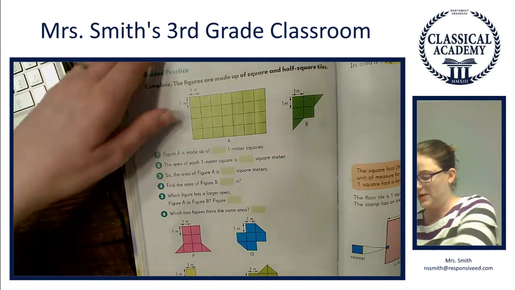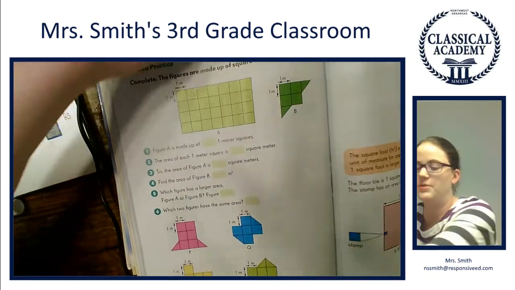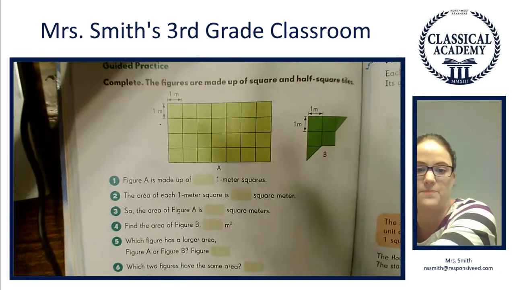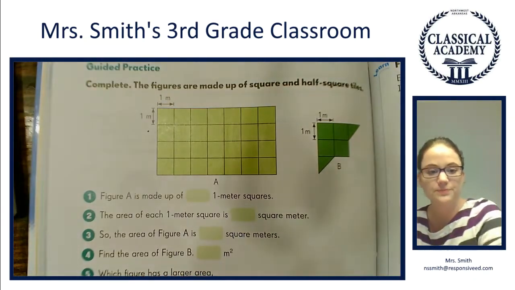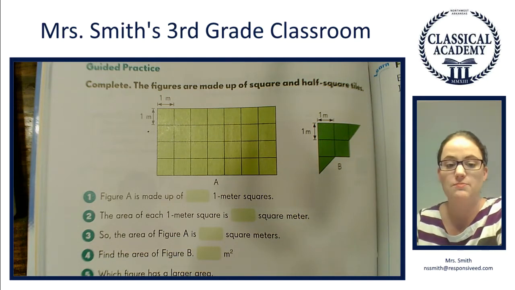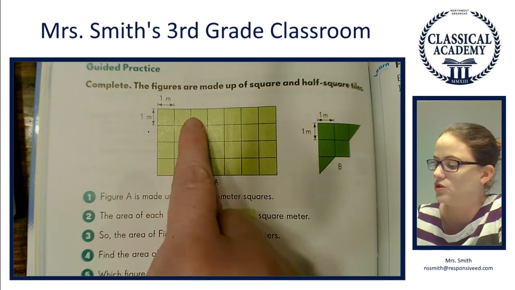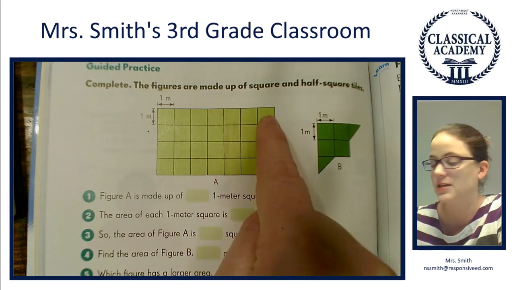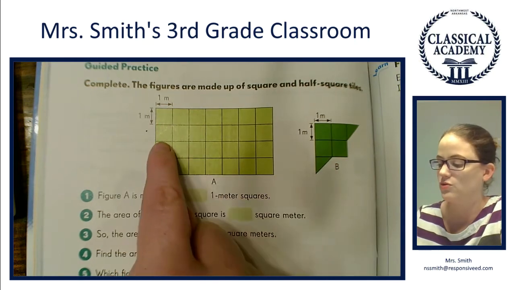Moving up here on the top of page 364, I'm going to zoom in. Figure A is made up of how many 1 meter squares? Let's look. 1, 2, 3, 4, 5, 6, 7 by 1, 2, 3, 4.